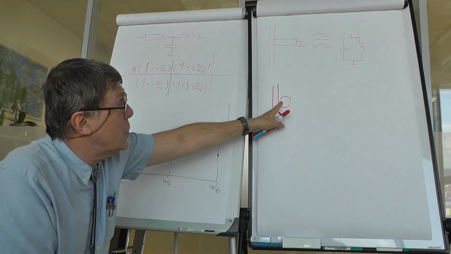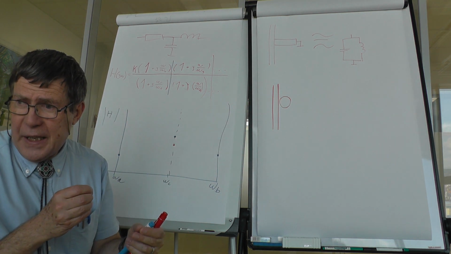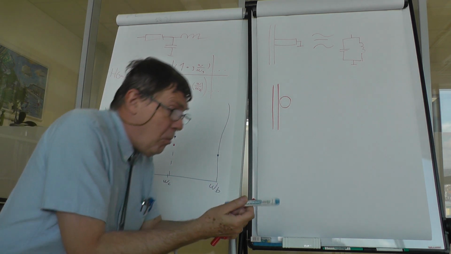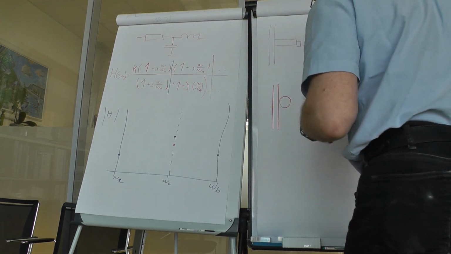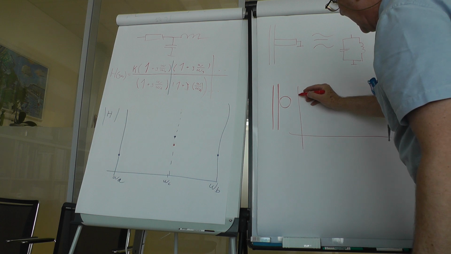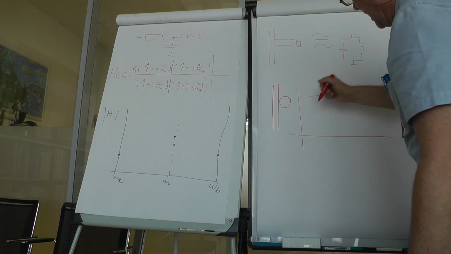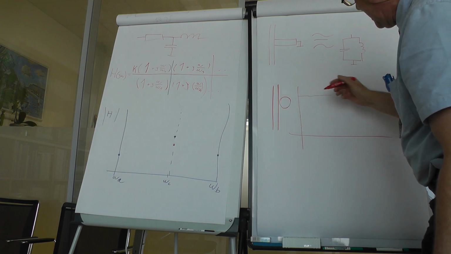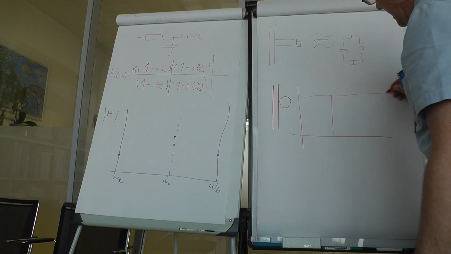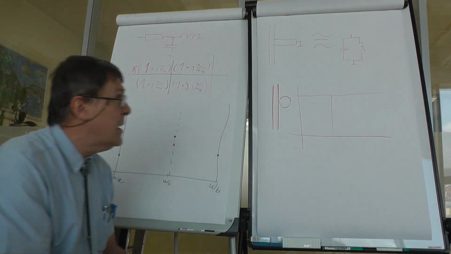Now, if you do not place it very close to the line, the coupling would be weak. And the result would be that, in fact, if you plot a characteristic of transmission, the line has a unity transmission, and at the frequency of resonator, there would be, in fact, just a very narrow slit taken out.